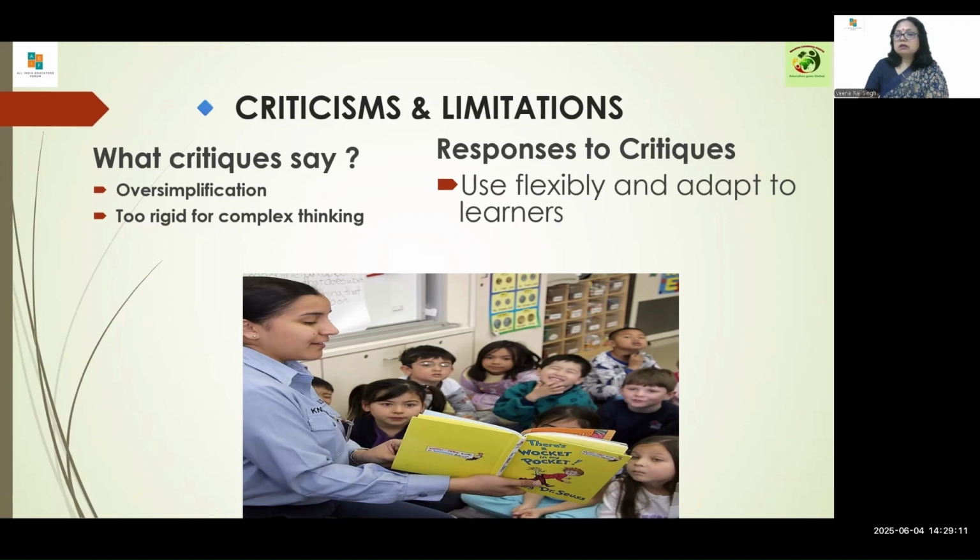It is up to the teacher facilitators how they use this taxonomy, this theory, to suit their requirements, and the flexibility they give to the theory, how they adapt as per the requirements of the learners.